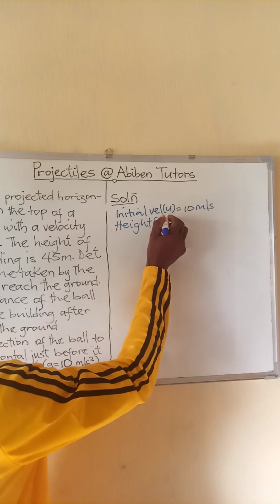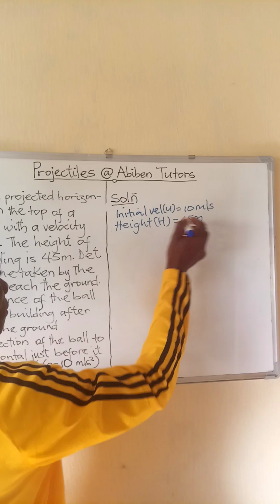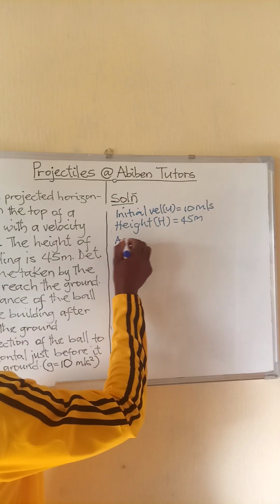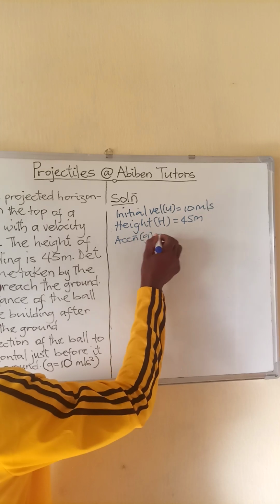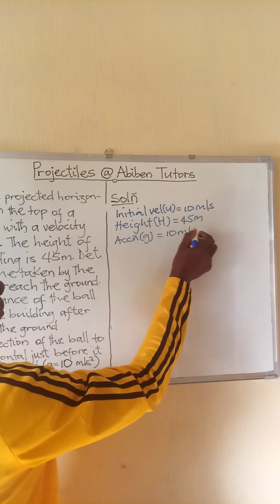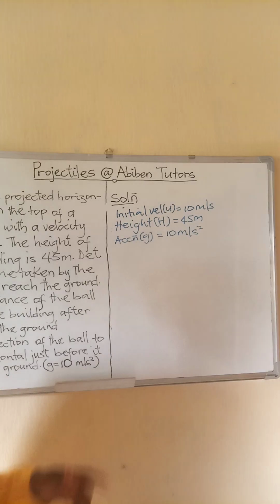So the height is 45 meters. Next thing we've been given is the constant acceleration due to gravity, which is 10 meters per second squared. So like I said, we will treat the body as one under free fall.